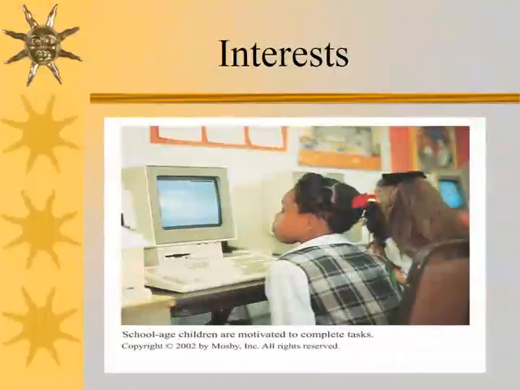Interest with school-age children: believe it or not, schoolwork is of interest to them, at least probably for most of them. They may not miss the homework or the math test, but they miss that social interaction with their peers. Peers are starting to become very important as we get into school age.